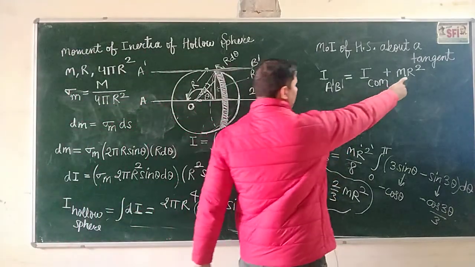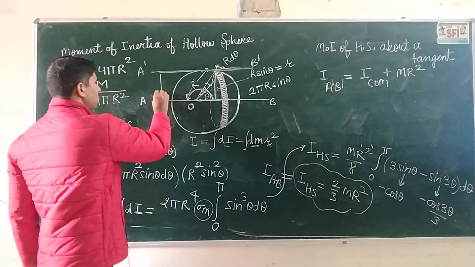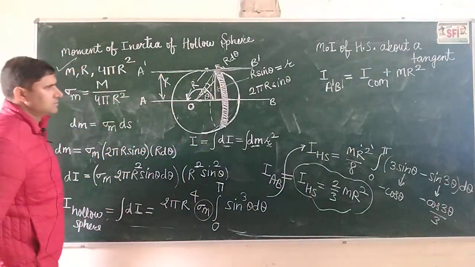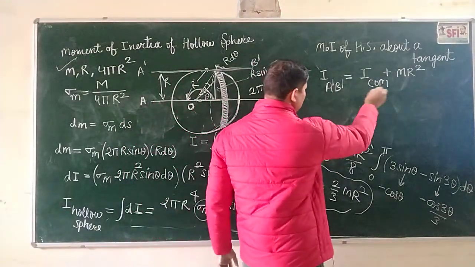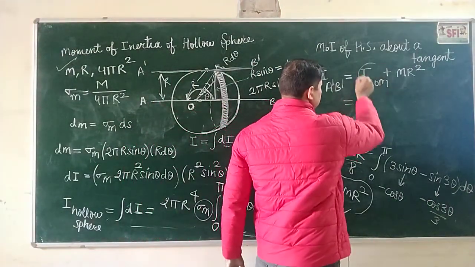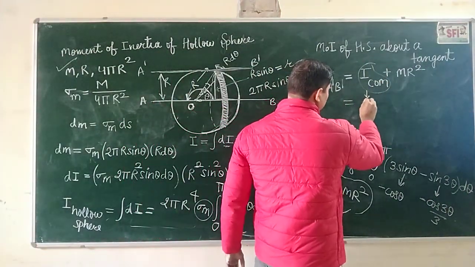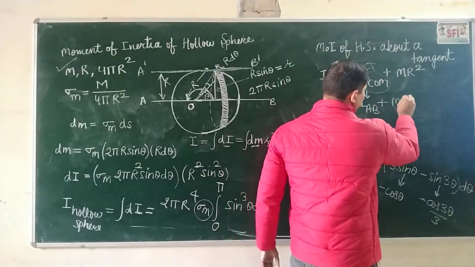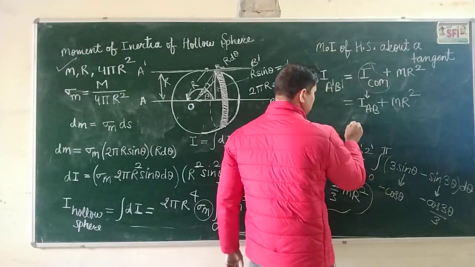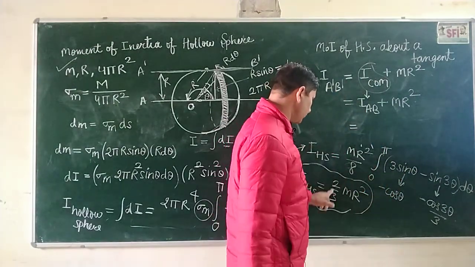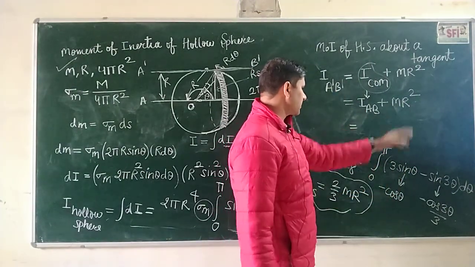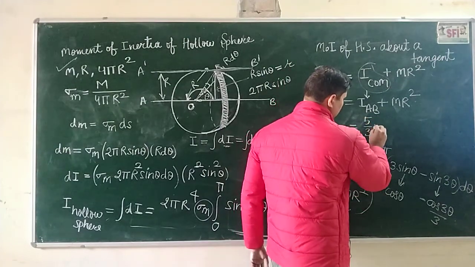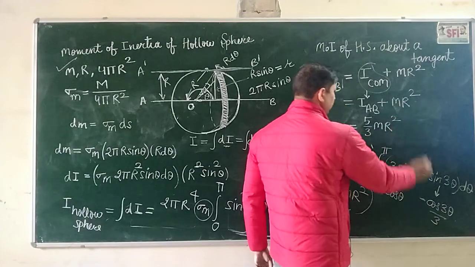That distance is r here, and the mass of the sphere is capital M. If you substitute the value, the moment of inertia about AB is 2 by 3 MR square, and adding MR square, you will get 5 by 3 MR square.